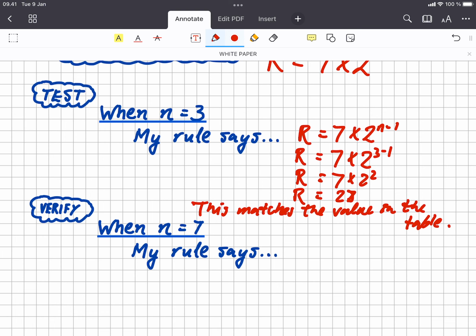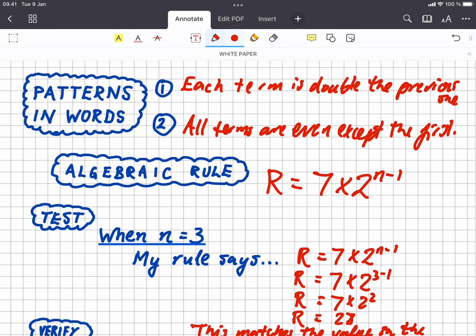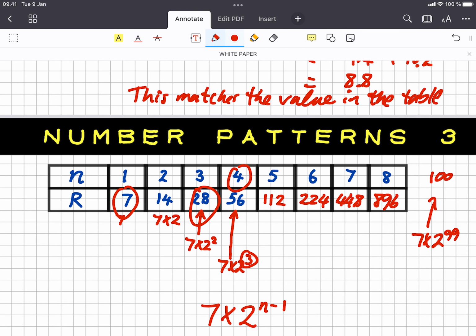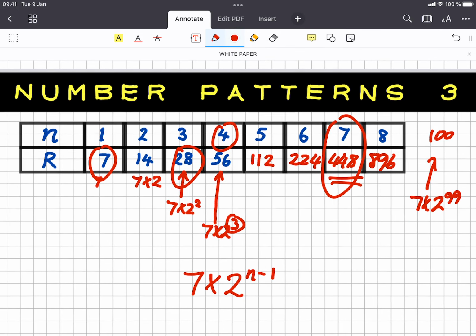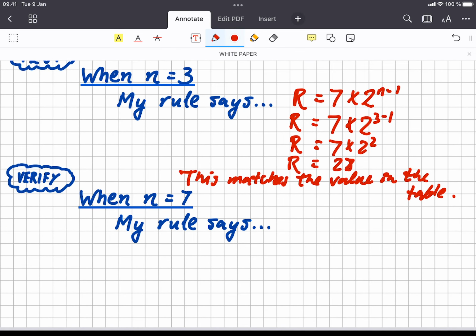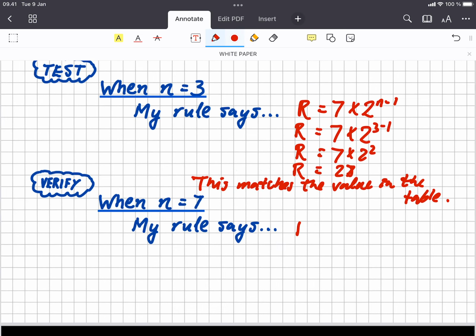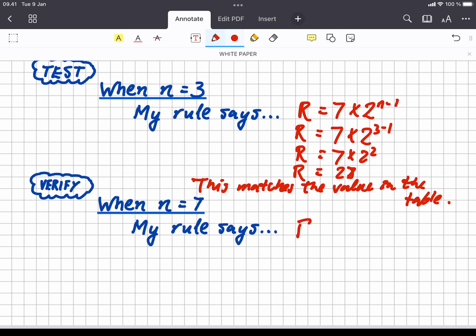And then verifying is almost exactly the same thing. It's just we're doing it for something higher up in the table, for example 7, where we had to fill in the prediction. So when n equals 7, my rule says r equals 7 times 2 to the power of n minus 1.